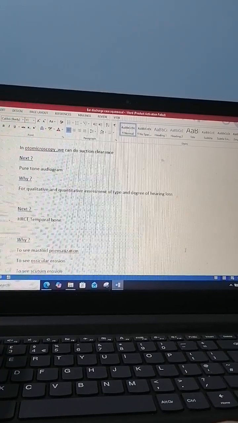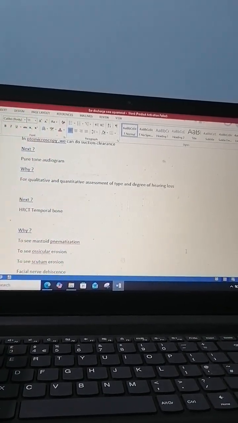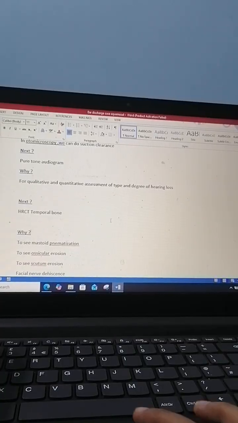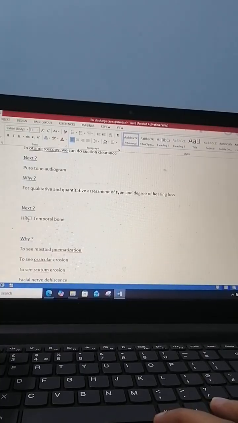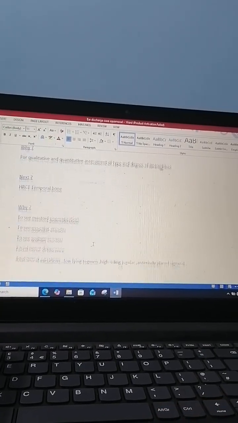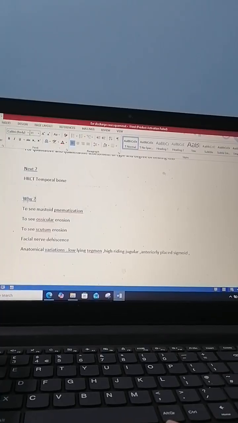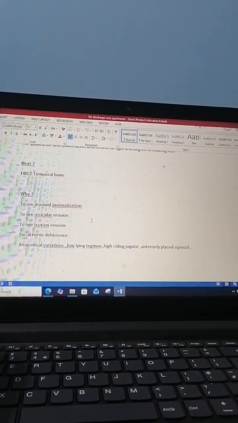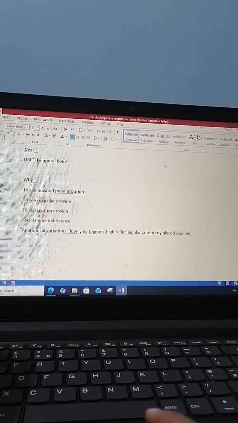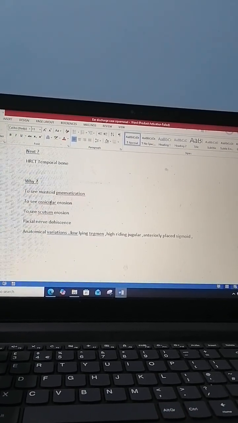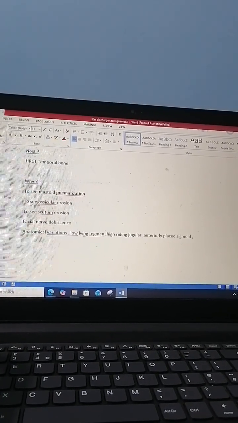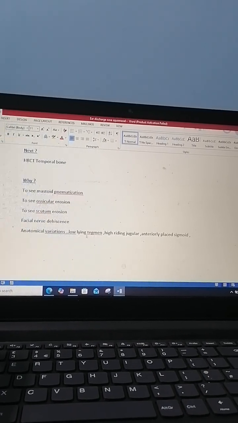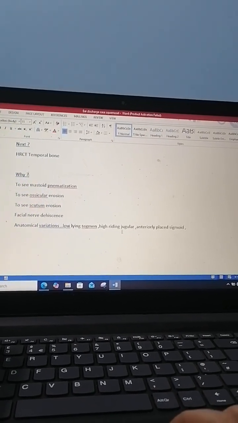Okay, then they will ask what is the next step of investigation? I will advise HRCT temporal bone, and then again a why: why will you advise the HRCT temporal bone? Because in this case I can see the extent of cholesteatoma, I can see the ossicular erosion, I can see the scutum erosion, and I can see the anatomical variation like low-lying tegmen, high-riding jugular, anteriorly placed sigmoid.